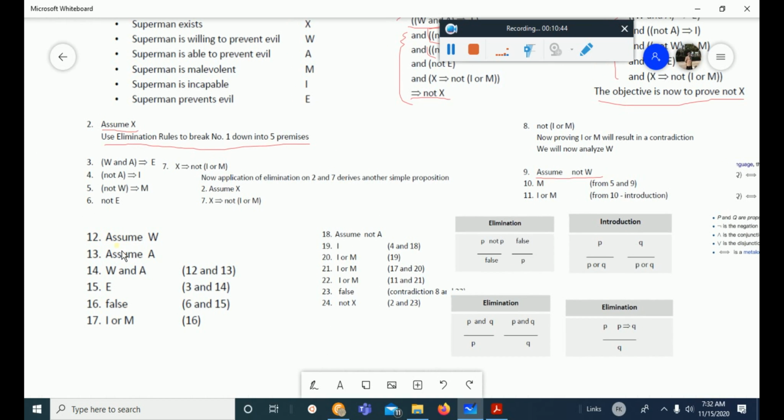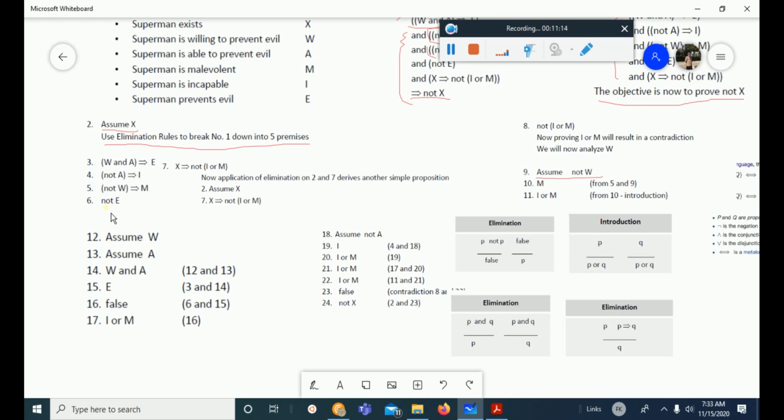So assume W and assume A. So we have W and A, and from this W and A we can eliminate and conclude Q. We eliminate W and A, so we conclude E. So E has been concluded.